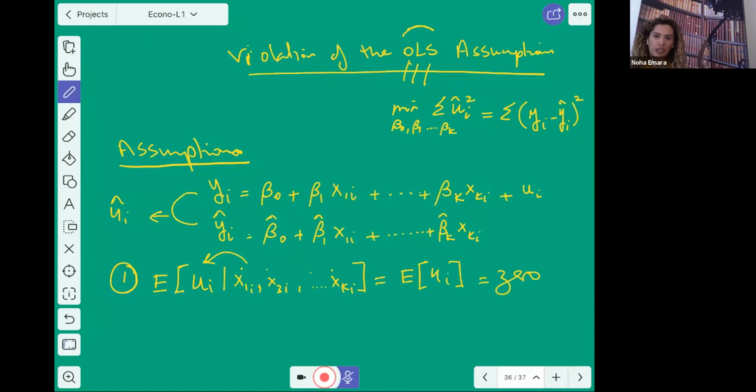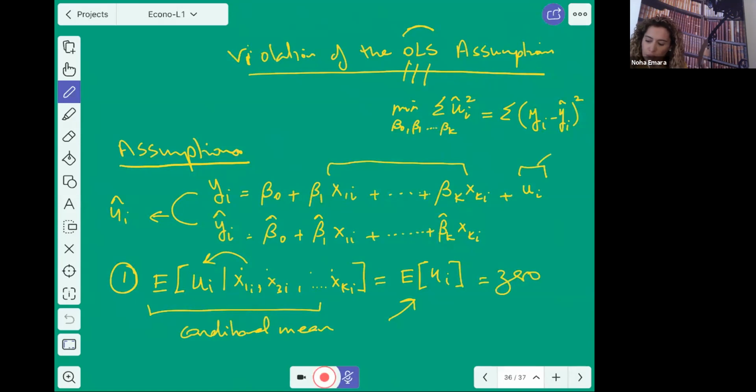So the expectation, or the conditional mean from your statistics course, or if you have taken the foundation of econometrics course, you would know that this is called the conditional mean. This is the mean of the error term conditioned on the values of x1, x2, x3, all the way up to xk. So this conditional mean is simply equal to the mean of the error term. In other words, having the values of x does not mean anything, because there is no connection between the factors included in the model and other factors.